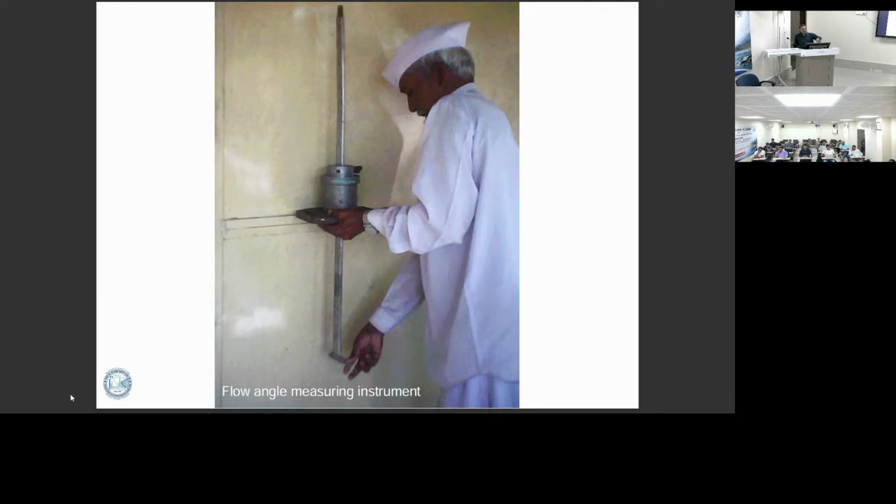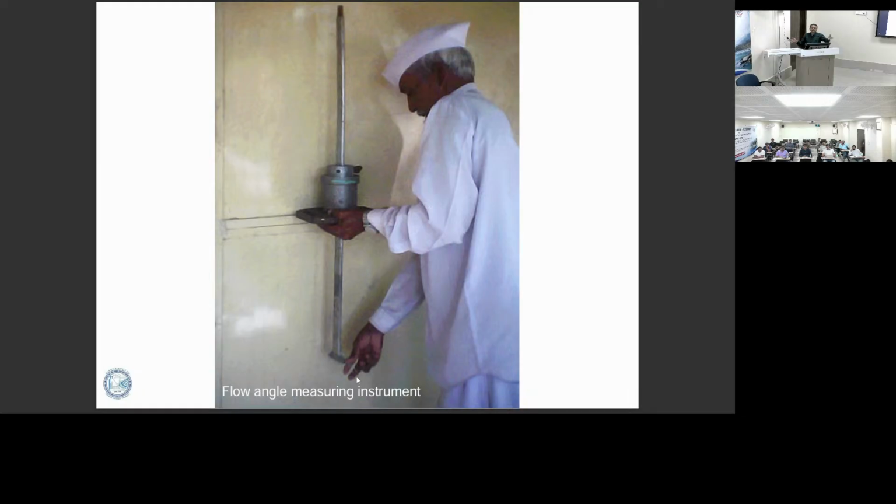Actually, we developed it near Pune in earlier days. We put a thread on the bottom portion, and we align it to the flow. When the flow is there, that line should be in a straight line. Then there is a demarcation on the top showing the angle. So we will get the angle.